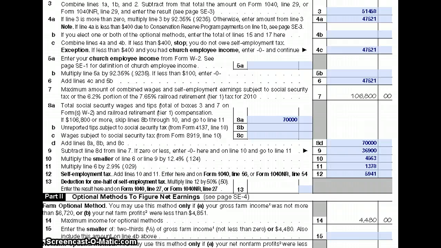We do get our business deduction for half of that 5,941, so we have a 2,971 deduction for self-employment tax, and that covers that scenario.